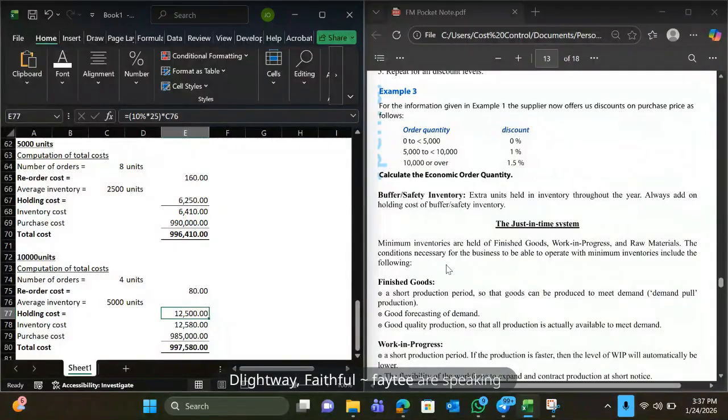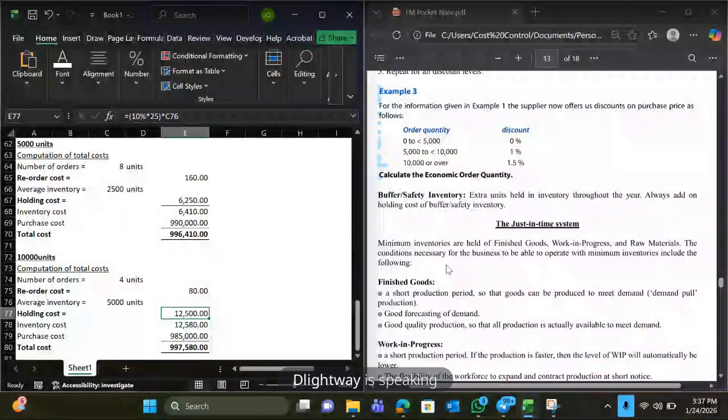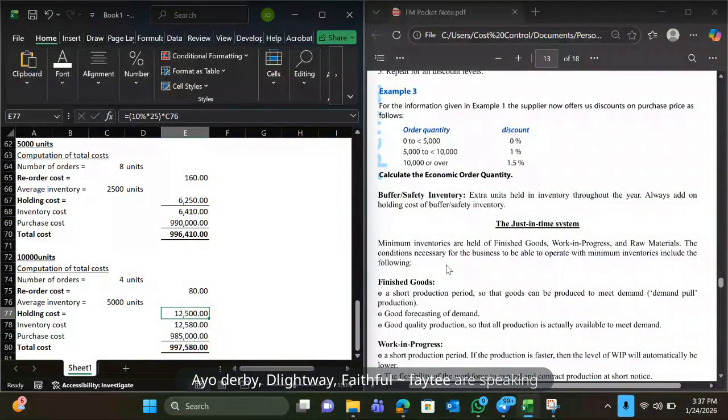I don't have the question for an assignment here, but roughly you can go back to your study pack, your ICAN pack. In fact, the first aspect of this inventory that was treated in the ICAN pack has a question on buffer and safety stock. That's how I give us the assignment, because I know if I give us everything, we won't go back to read the material. Let's go through the pain of going back to your pack.